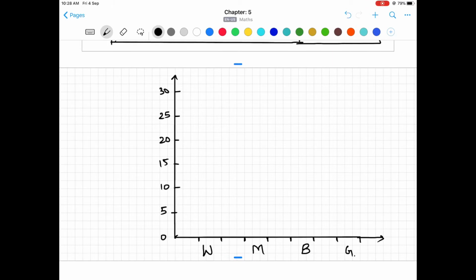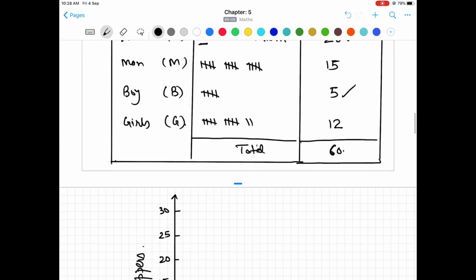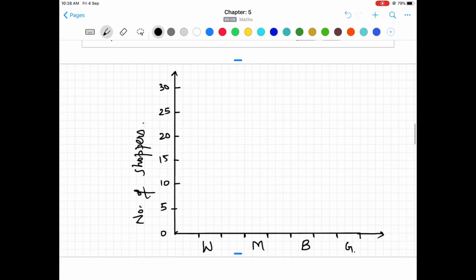This axis will represent the number of shoppers. Okay, so first we have the number of women, which is 28. So this bar will represent it till 28. As 5 is here, so 20 and then 26, 27, 28, 29.